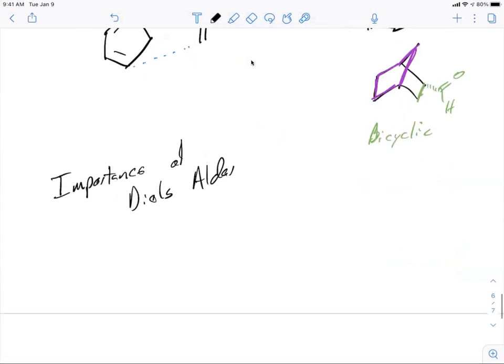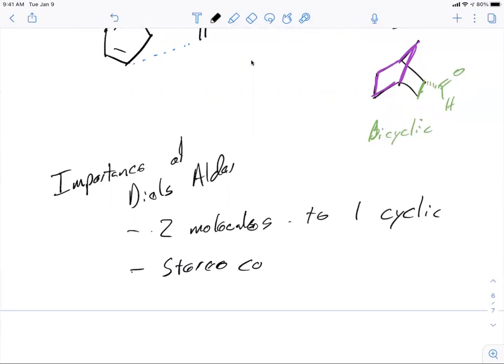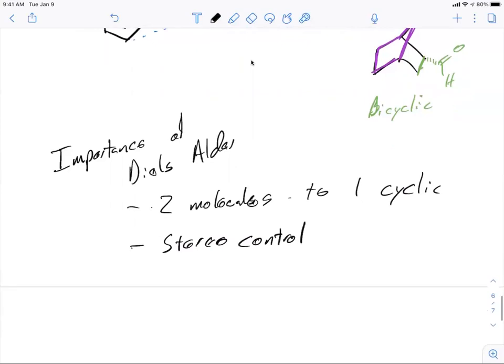Okay, the importance of Diels-Alder reactions is that we are going from two molecules, right, to one cyclic, right? And we haven't seen many things to create cyclics. The other important thing is that we have a lot of stereo control. That stereo control, we already saw that if the dienophile is cis, right, then the product will be cis.